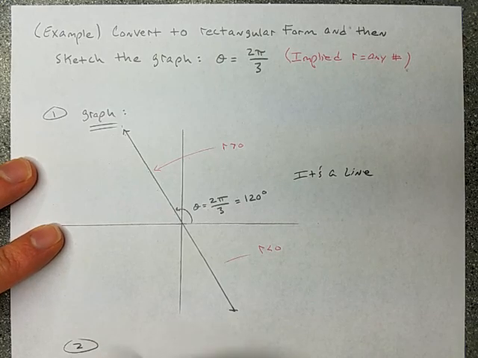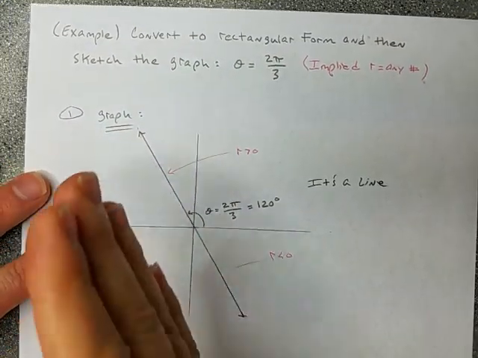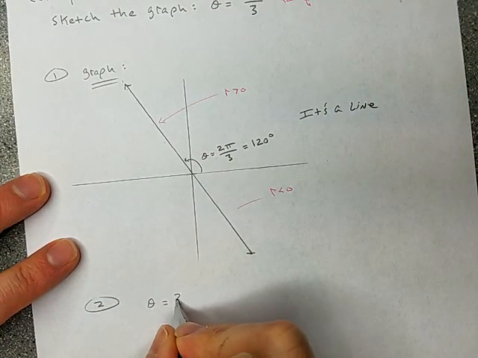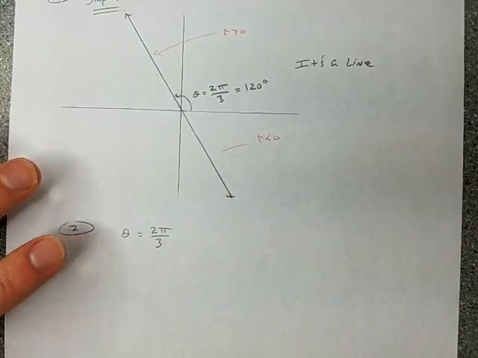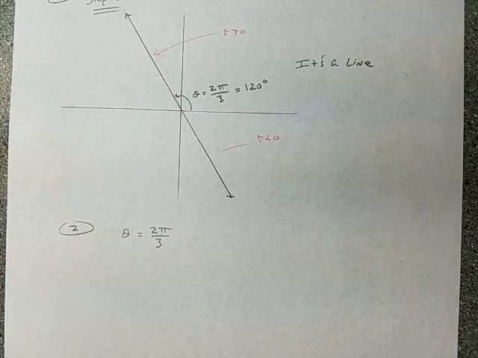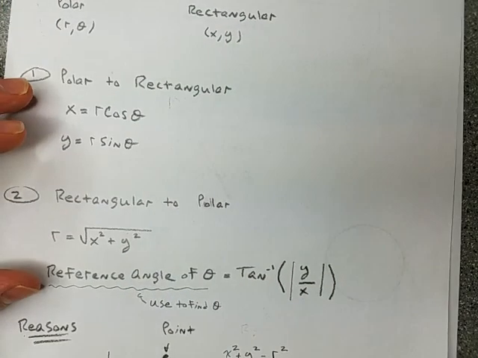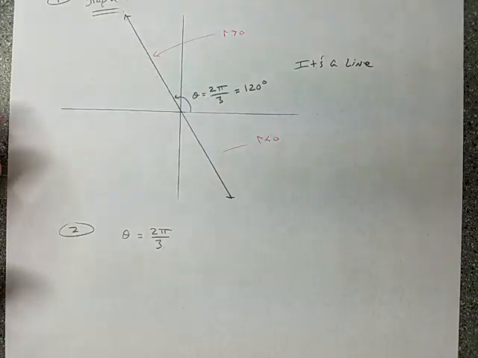Part 2 then. The other part says, well, can you convert it to rectangular form? Well, maybe we'll get some more information about this line. So let's see. We got theta is 2 pi over 3. My opinion on this one is I don't think any of the conversions are extremely applicable to this one. Okay? So here's what I'd like to do.